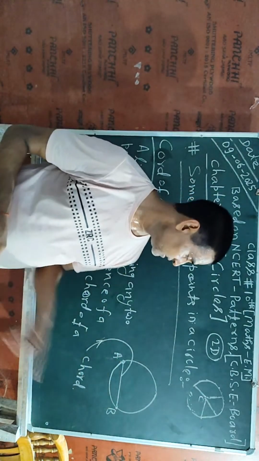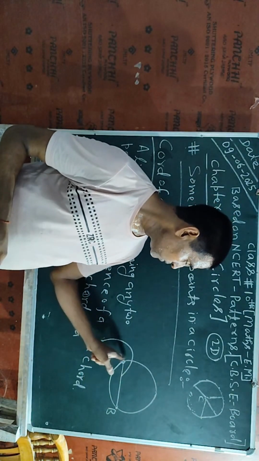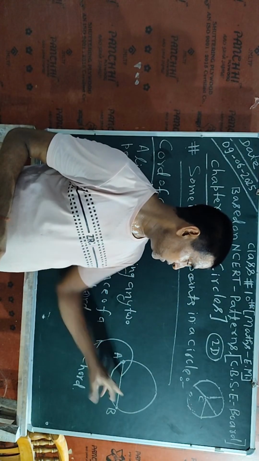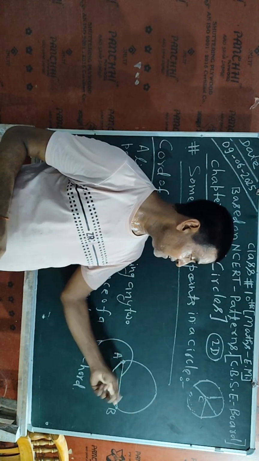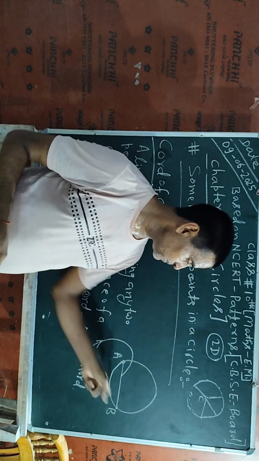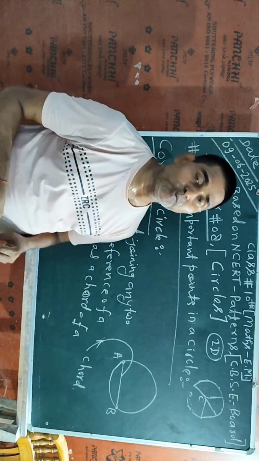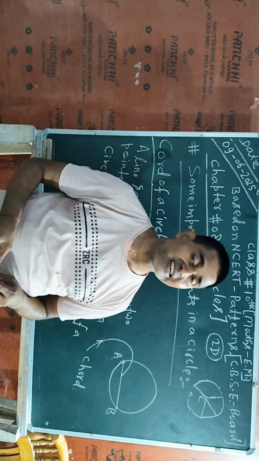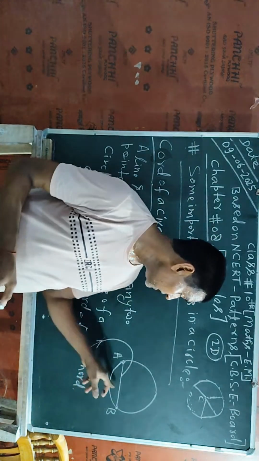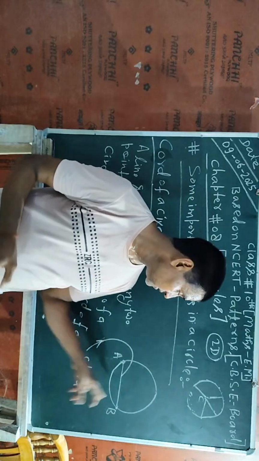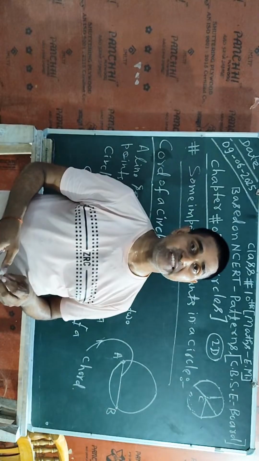So I get a line segment because a line segment has 2 end points: one point is A and another point is B. Any line segment joining any 2 points on the circumference of a circle is called a chord. So the chord of a circle is very easy.